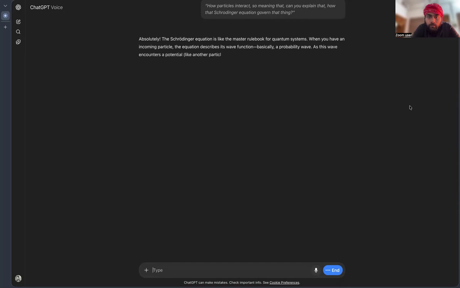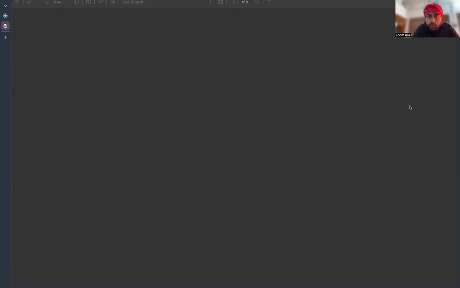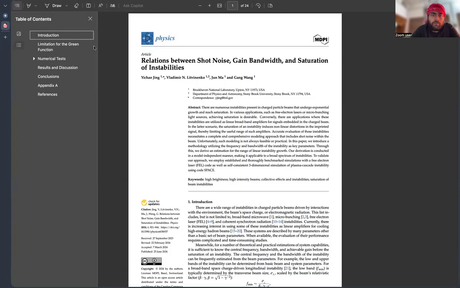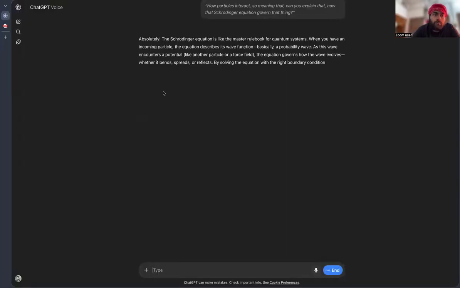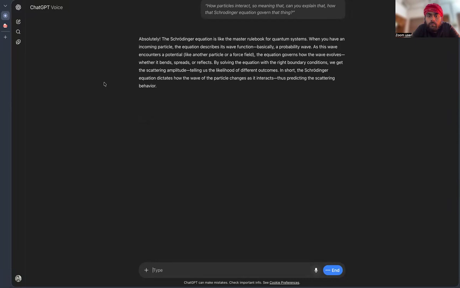As this wave encounters a potential, like another particle or a force field, the equation governs how the wave evolves, whether it bends, spreads, or reflects. By solving the equation with the right boundary conditions, we get the scattering amplitude, telling us the likelihood of different outcomes. In short, the Schrodinger equation dictates how the wave of the particle changes as it interacts, thus predicting the scattering behavior.